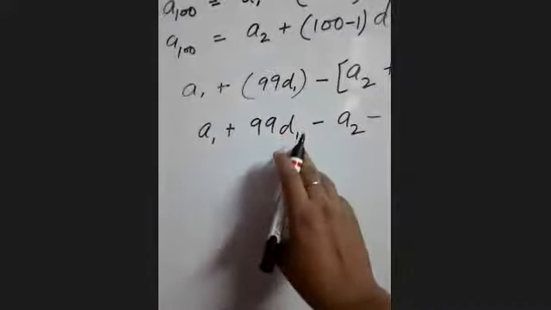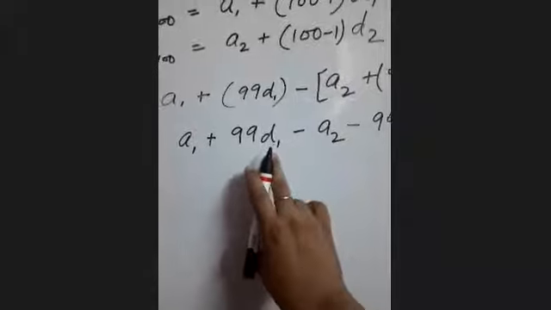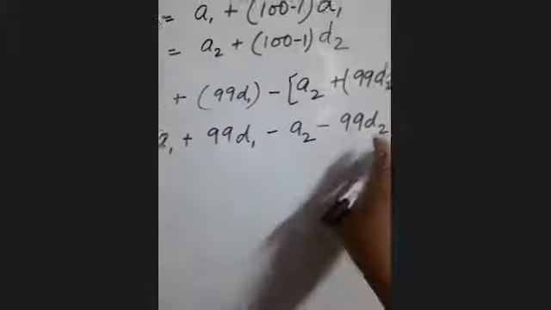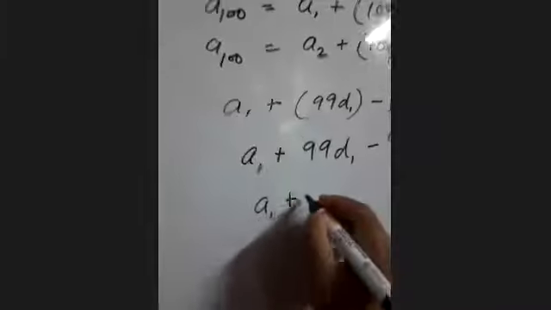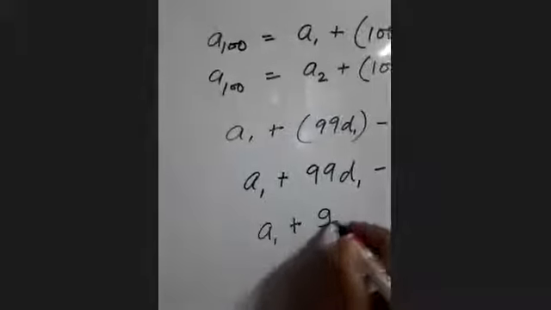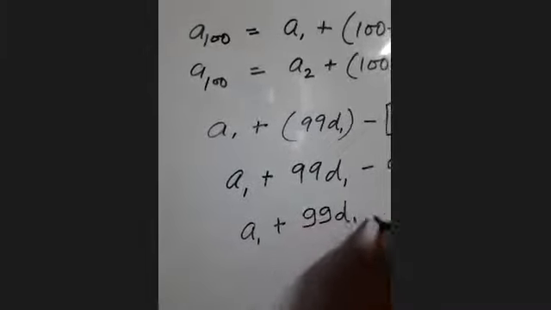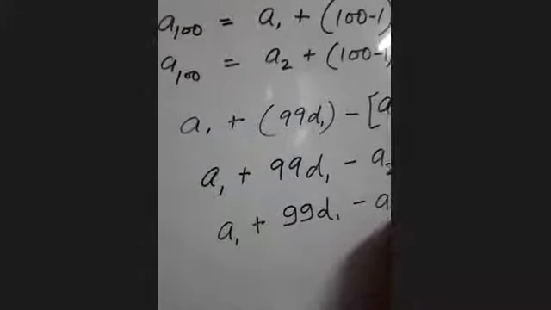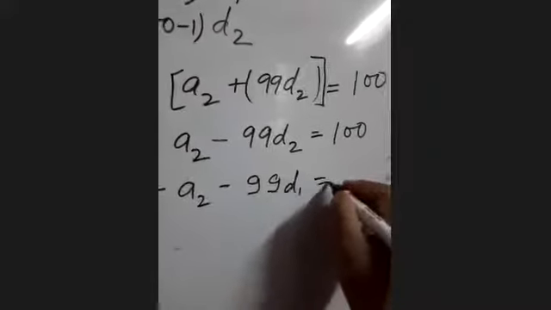I'm placing the value of D1 and D2 as the same. So that will be A1 plus 99 D1 minus A2 minus 99 D1, that will also be D1, and it is 100.